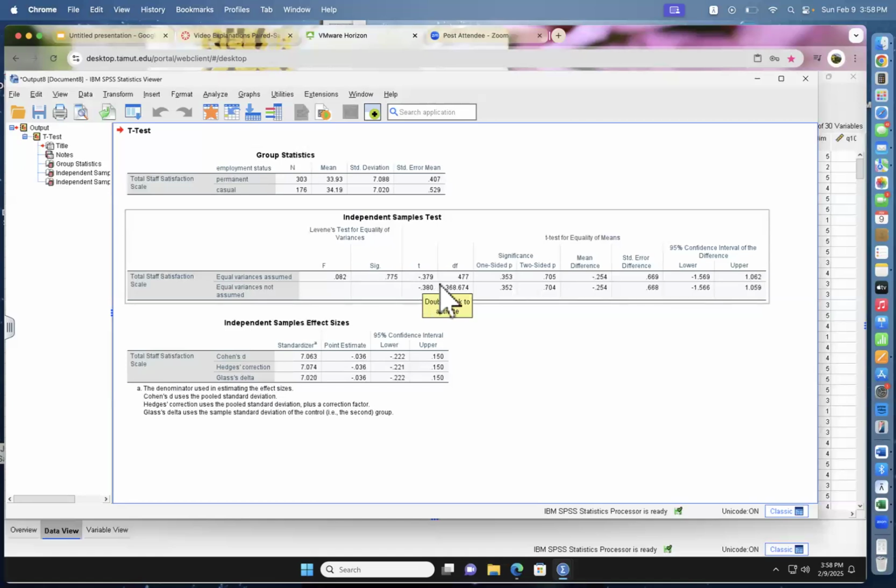I take that, and -0.379 times -0.379, you're going to get a positive, and it's 0.144. So using the formula of t squared over t squared plus n1 plus n2 minus 2, my n1 is here, and n2 is here, and subtracting 2 from these 2 numbers, I'm going to get this number right here, the 477.